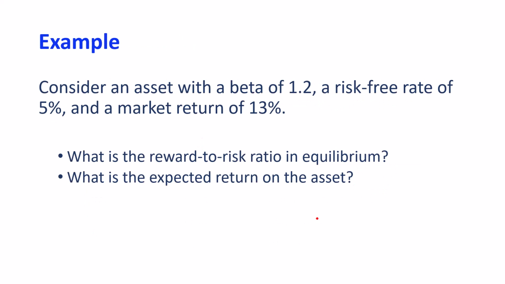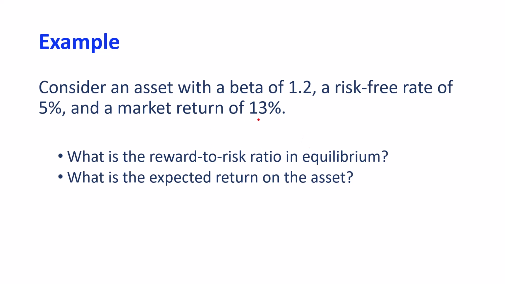Here's another example. Consider an asset with a beta of 1.2, a risk-free rate of 5%, and a market return of 13%. What is the reward to risk ratio? The reward to risk ratio is the expected return of the market minus the risk-free rate over the beta.